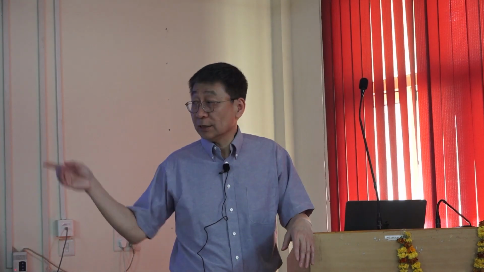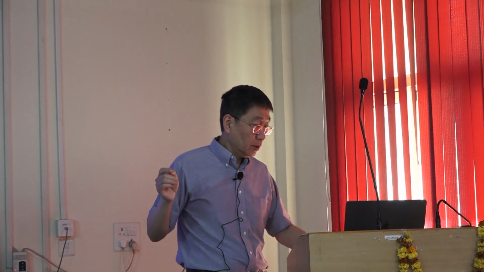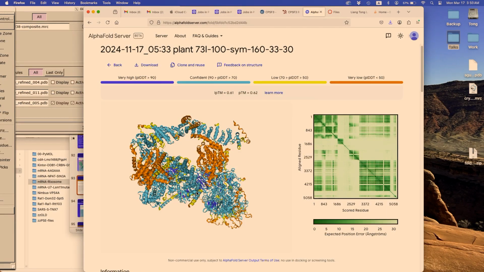Oftentimes the story comes together, and we have certainly published papers where we show the AlphaFold model and biochemistry together. The example I just showed you, by the time the paper got published, we didn't have an actual structure yet. So we published the AlphaFold model.